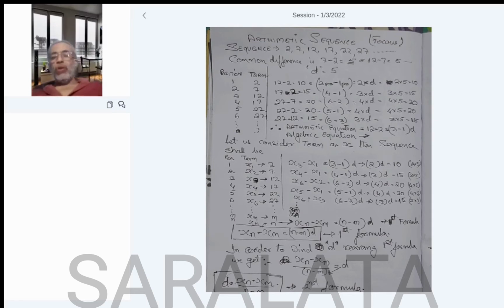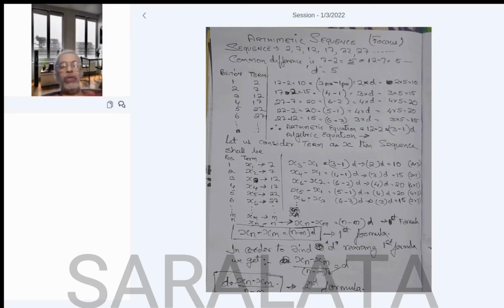Now what we are trying to find out is, if I subtract any term from another term, am I going to get the common difference, or a difference which is some multiple, or a sum of some of the common difference?